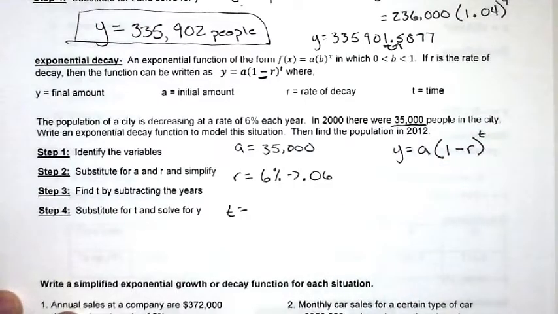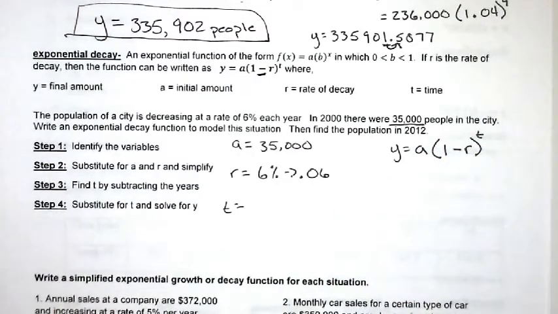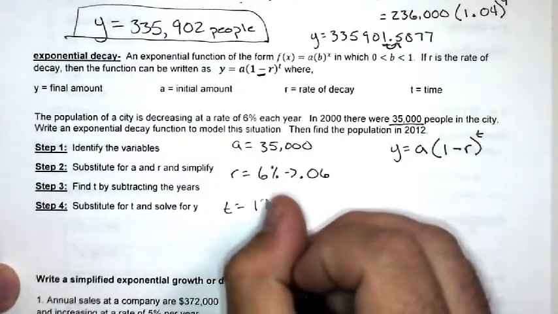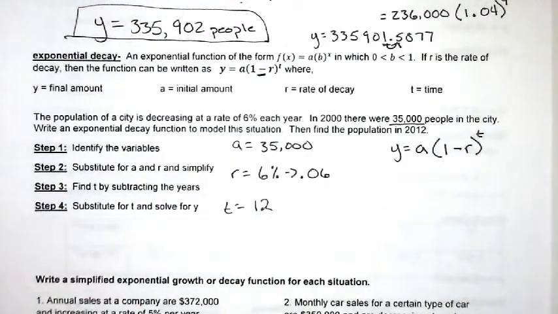Then I want to find the population in 2012. If the starting year is the year 2000, and I want to know in the year 2012, how many years have passed? 12. So there's T. Now again, there are 4 variables in the equation. We need 3 of them because one of them we are solving for.